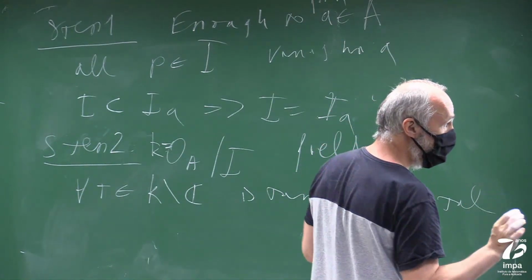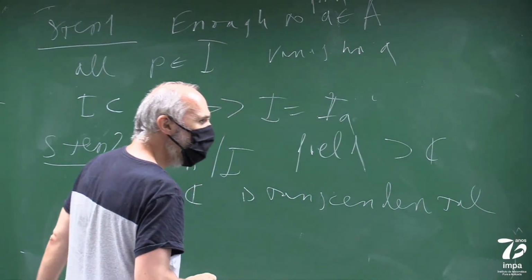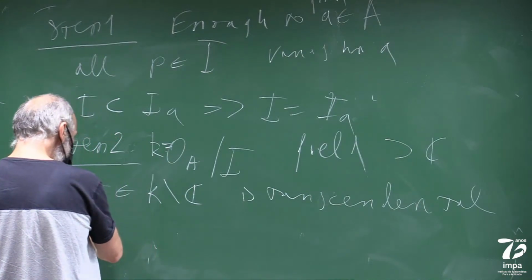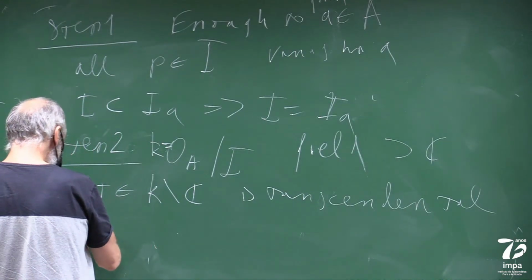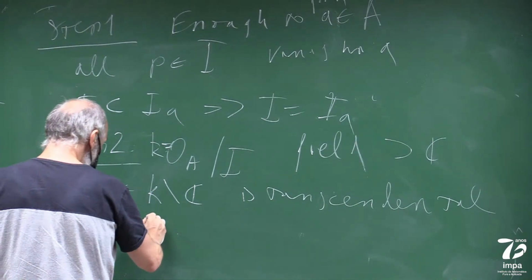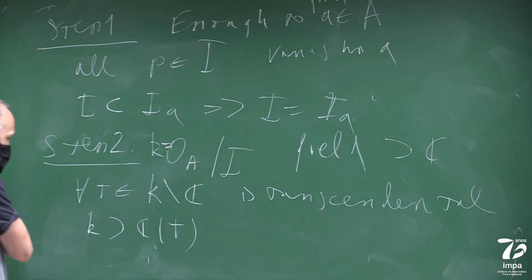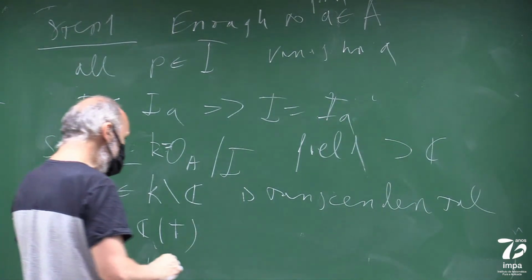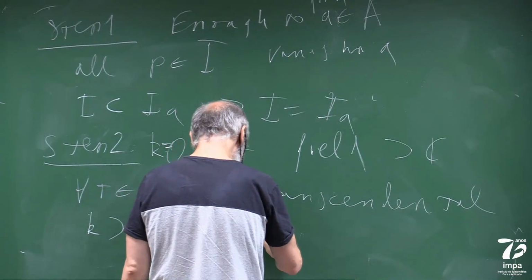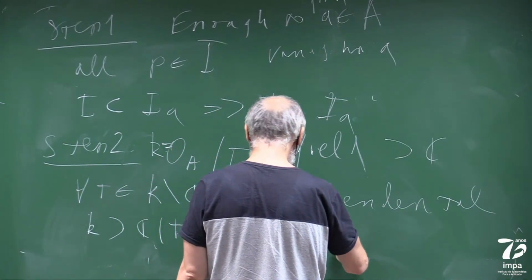It's something I tried to explain already. And this means that K contains the ring of rational functions, which is continuum dimensional, so this means that K is continuum dimensional.